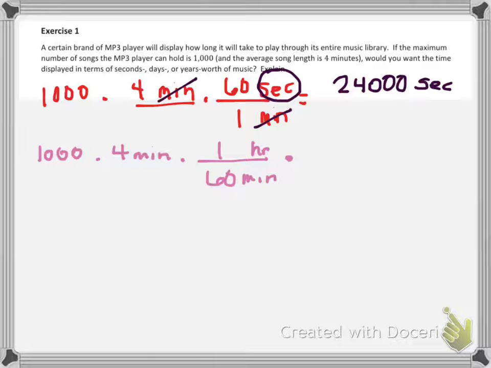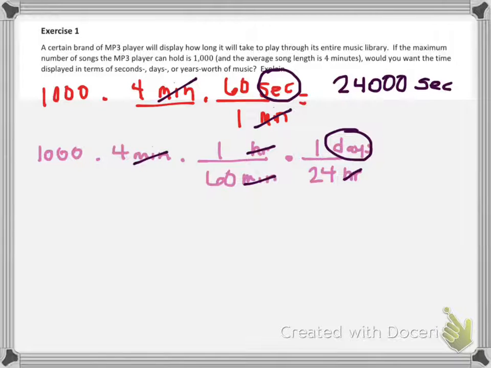And then I'm going to change my hours into days. And there are 24 hours in 1 day. And then when I go ahead and calculate here and multiply, the minutes will cancel, the hours will cancel, and I'm left with days.